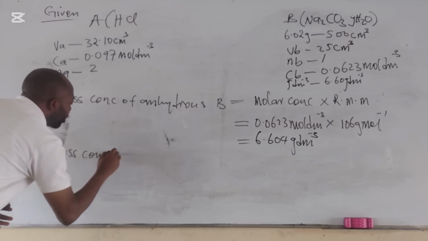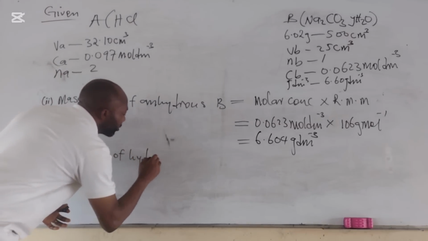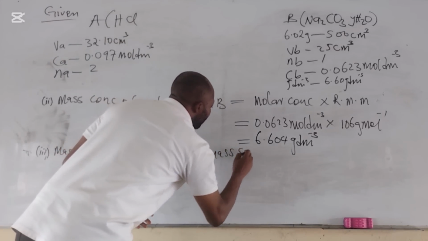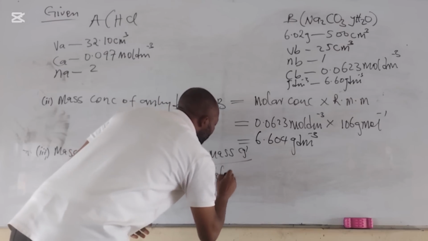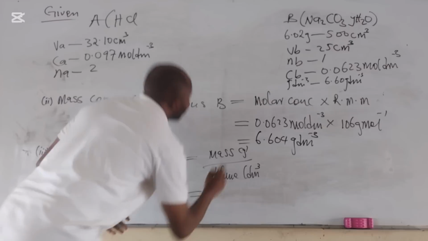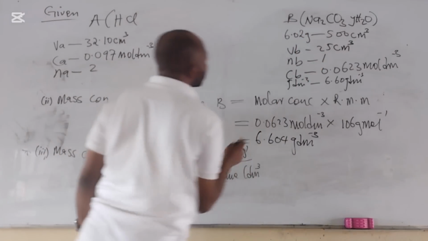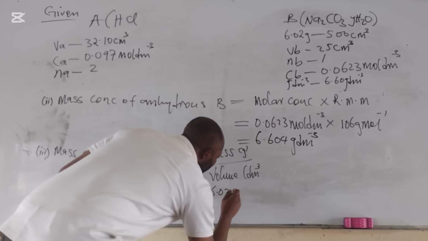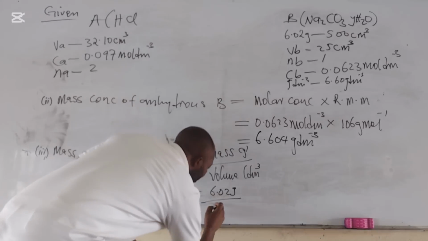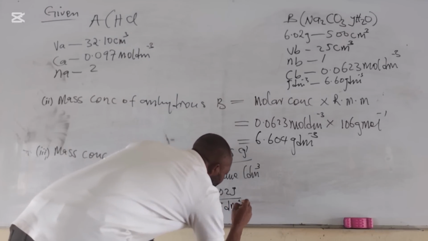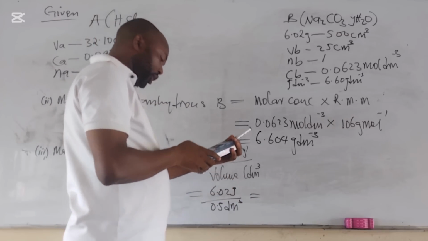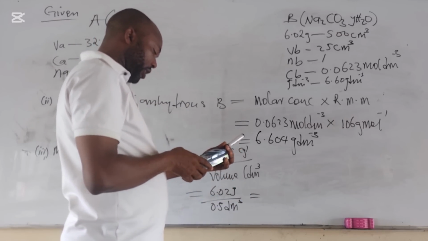Mass conc of hydrated is equal to mass in gram over volume in dm³. The mass in gram is given to be 6.02 gram over 500 divided by 1000, which is 0.5 dm³.